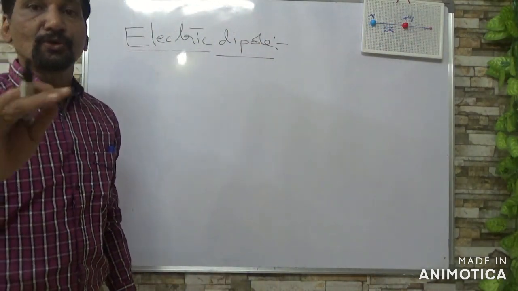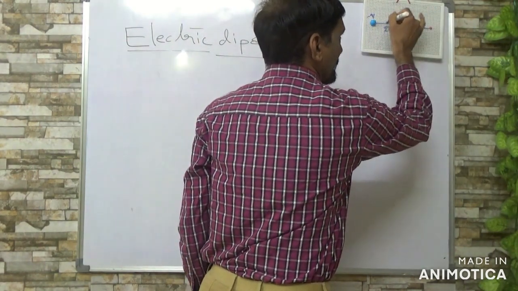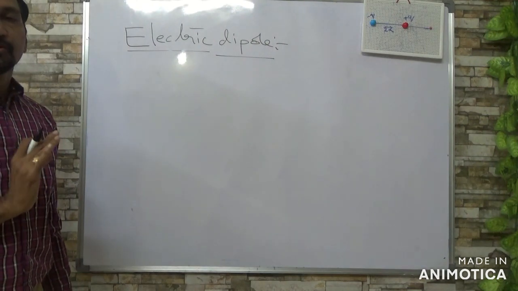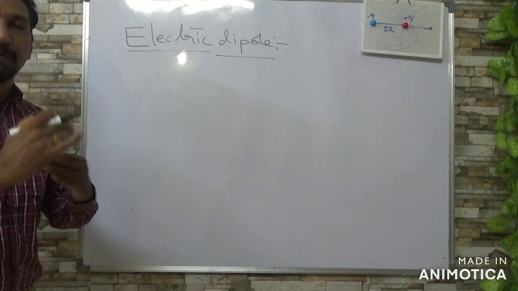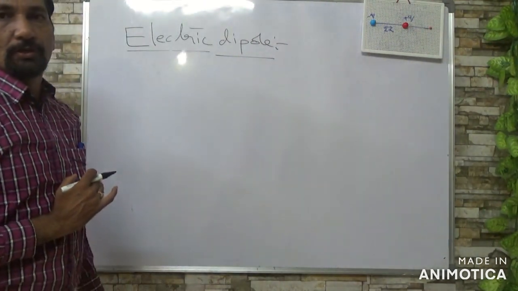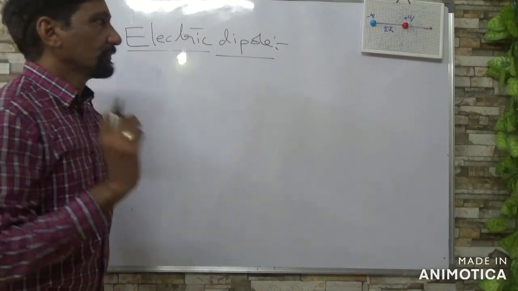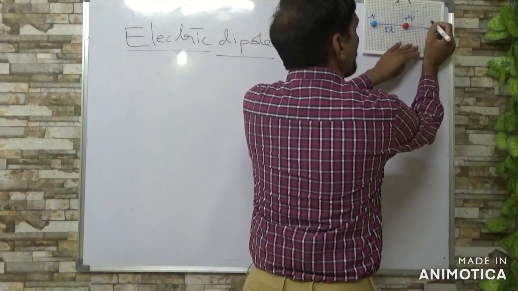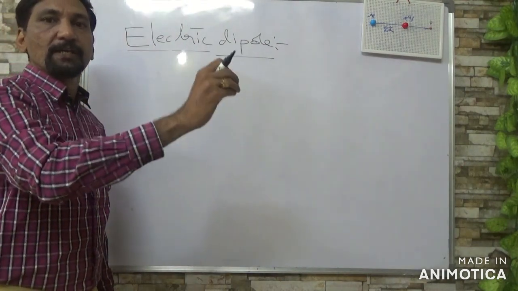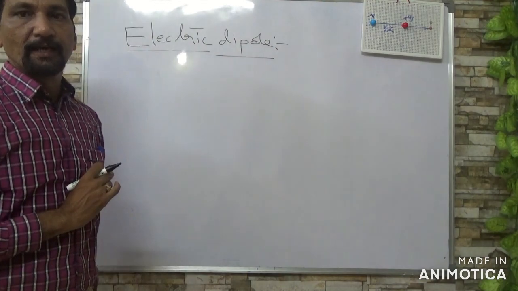The line joining the negative and positive charge is called the axial line. What do you mean by axial line? The line passing through the negative and positive charge of the dipole. Now you choose a point, say P, and select it on the axial line of this electric dipole.